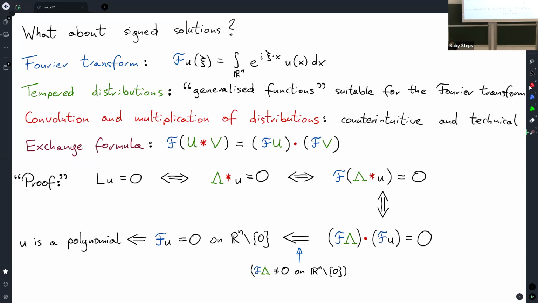You want LU to be well defined, and if the kernel decays like a polynomial, then your solution needs to be bounded by a polynomial as well, which automatically tells you that your solution is a temperate distribution. So this is a really good setting for non-local problems. For the Laplace operator, it's not completely satisfactory, but it's sometimes called the strong Liouville theorem: if you have a solution which is bounded by a polynomial, even on one side, then it's necessarily a harmonic polynomial. Okay, thank you.